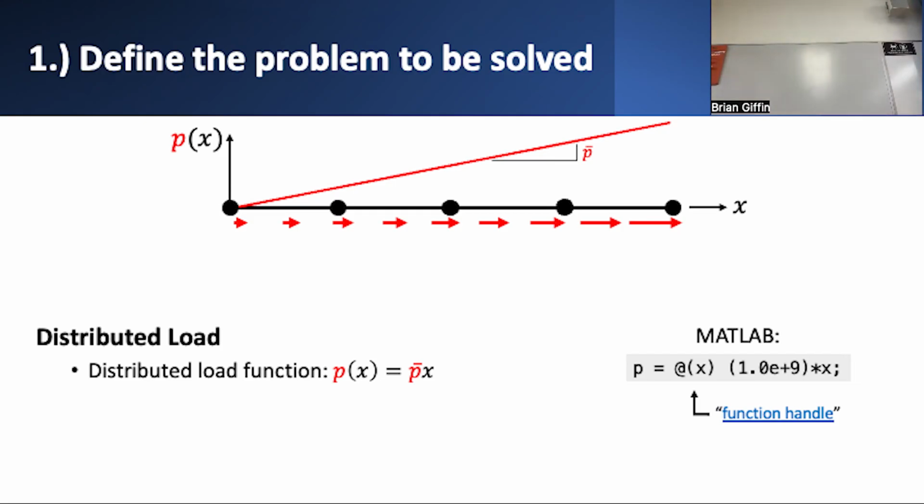So P in this case, when you use this funny syntax with an @ symbol and parentheses X, it basically means that I'm defining P to be a function that I can come back and evaluate by saying P parentheses X. It'll allow me to evaluate P at a particular value of X. And in doing so, it will use whatever expression you've defined here. So for example, for this linearly varying function, I can define P as just this linearly varying function of X.